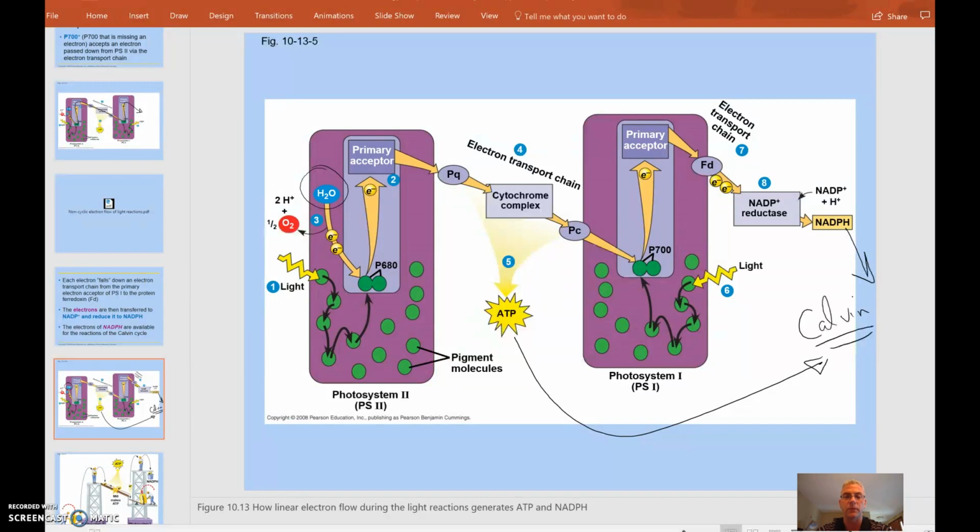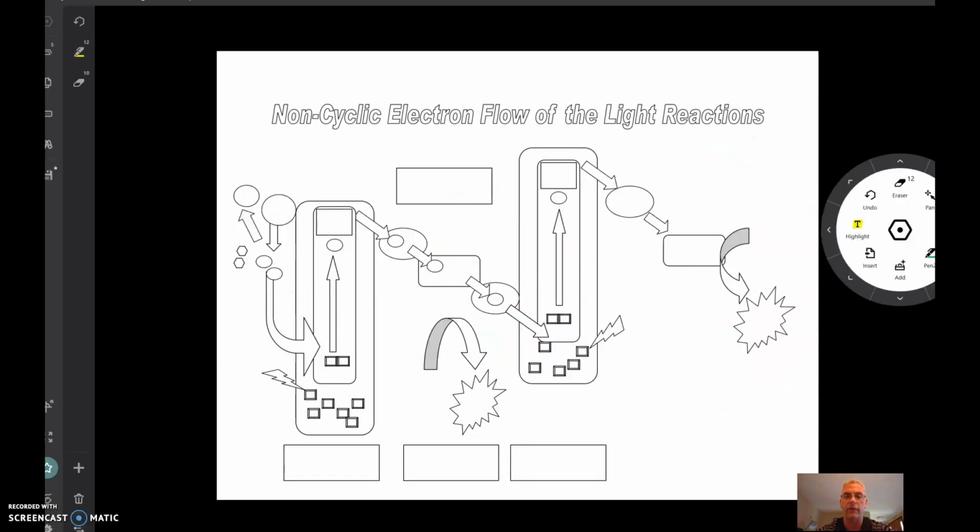the ATP. So we looked at a diagram in class, and I'm just going to go over that very quickly with you to make sure that everybody understands exactly what's happening with this. Just as a quick review, these two columns are representing our photosystems.